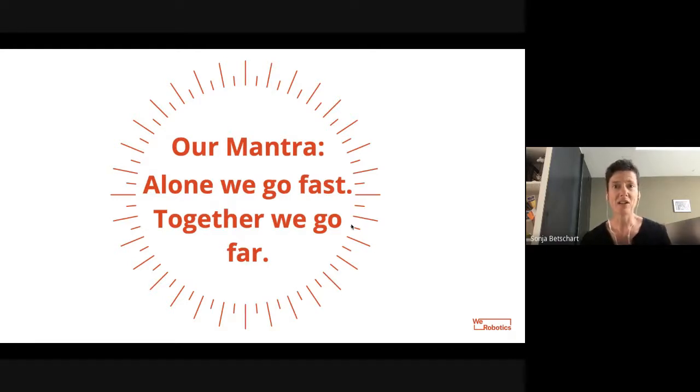Meaning that having a direct engagement and implication of stakeholders, of everyone who's actually going to be part of the outcomes, takes time. It will sometimes slow down the process a bit because there have to be discussions, there has to be a lot of engagement, but it'll make a big difference because we might not go there fast, but we will go much further if we do it together.